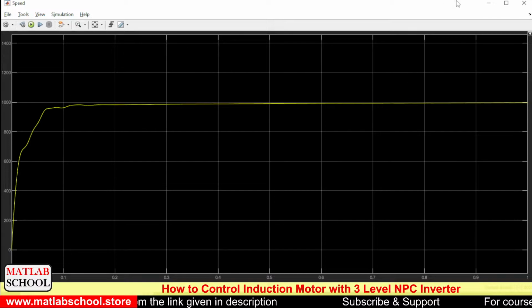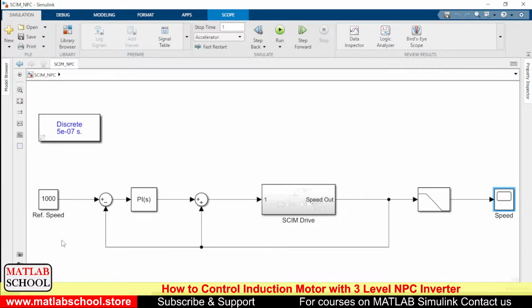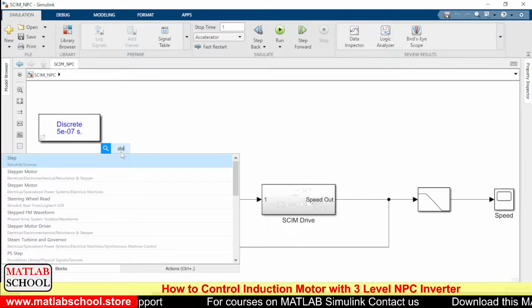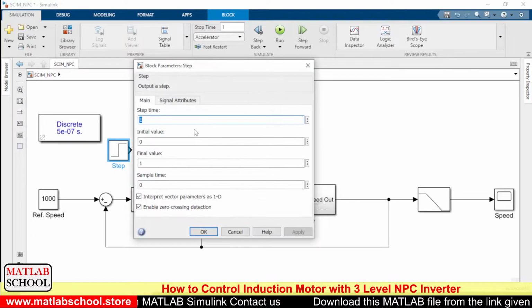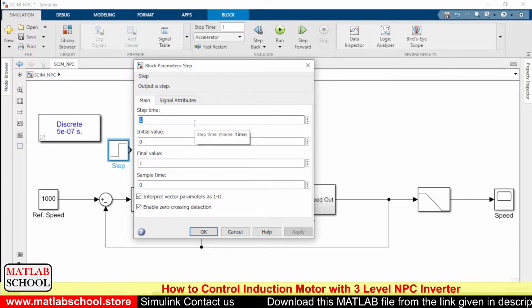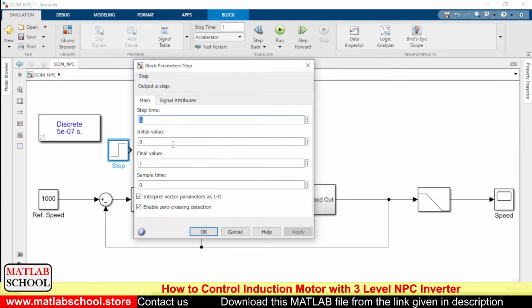Like this, you can vary the speed as well. Even we can have a step input. To have a step input, you can just type step. Step time we can have as 1.